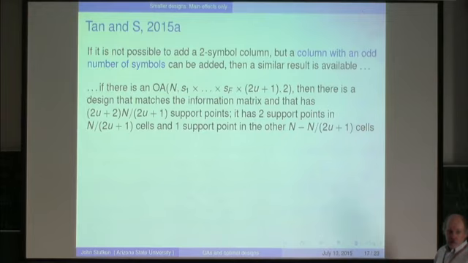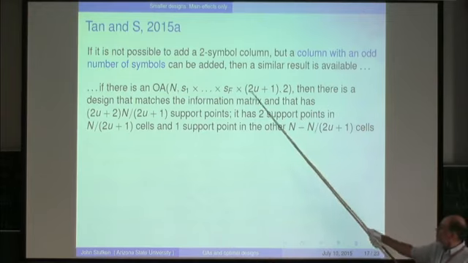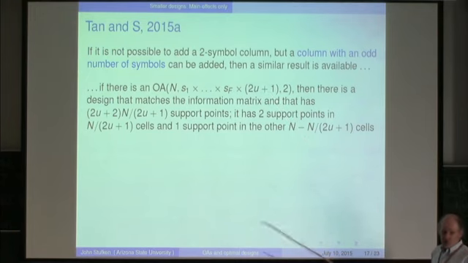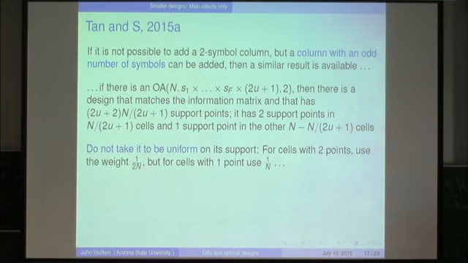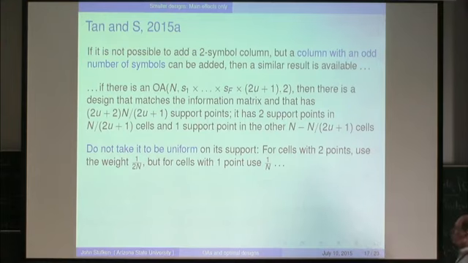And so there are some cells where I would use 2 observations, namely corresponding to one of the symbols over here. And for all of the other cells, I use only 1 observation in those particular cells. And then you come up with this number of support points as shown over here. If you do it this way, it's actually not uniform on its support anymore.